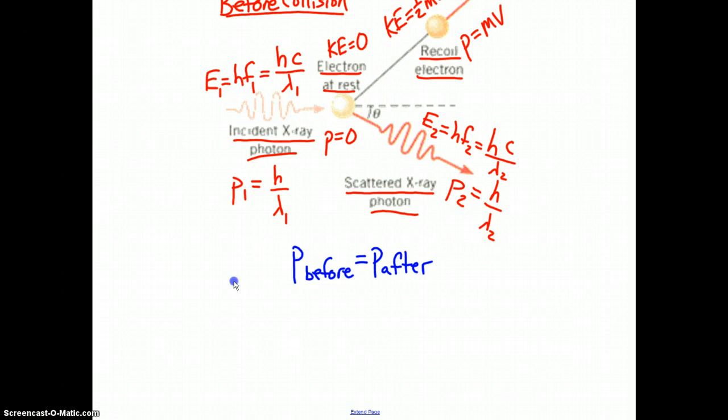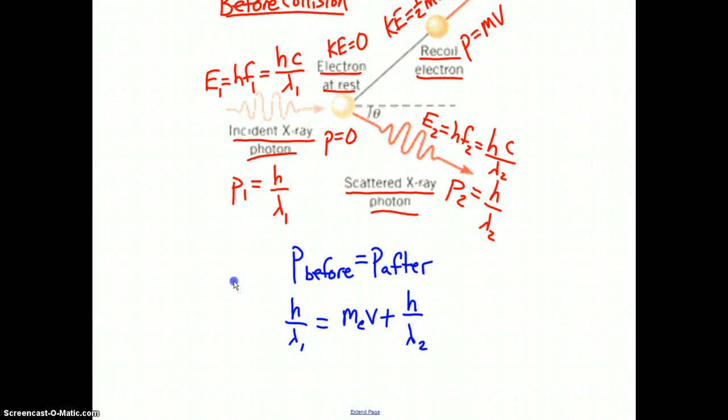The only objects that have momentum before are the incident X-ray photons, which have a momentum defined by h over lambda 1. What objects have momentum after? Well, you have our electrons, which have a momentum of mass of electron times the speed, plus the photons, which have momentum h over lambda 2.